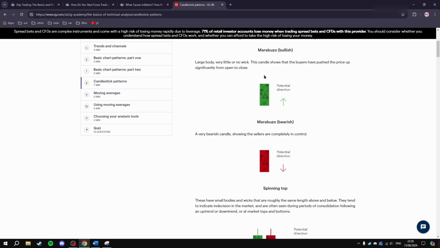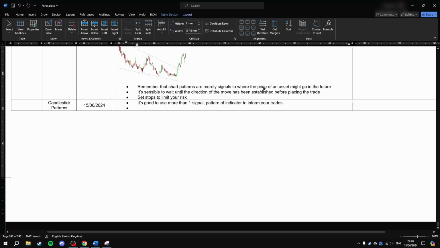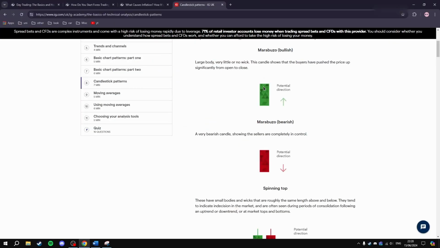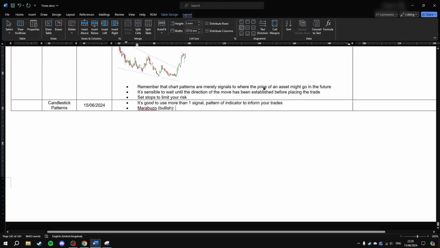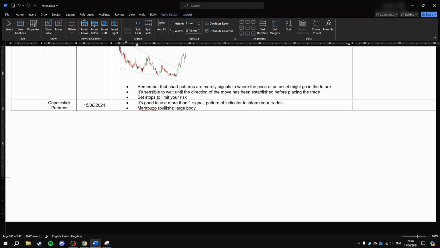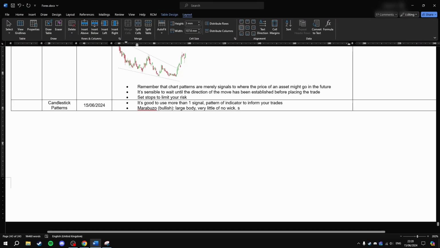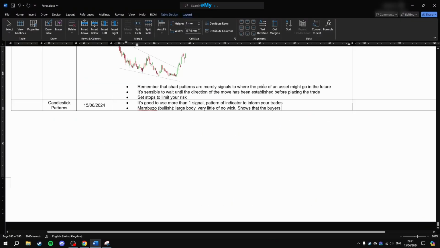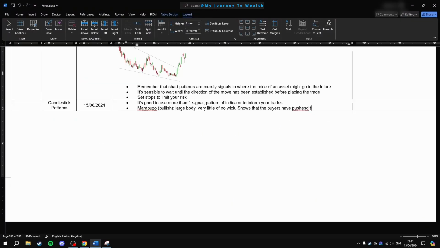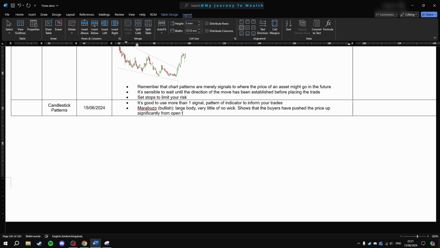This candle shows that the buyers have pushed the price up significantly from open to close.